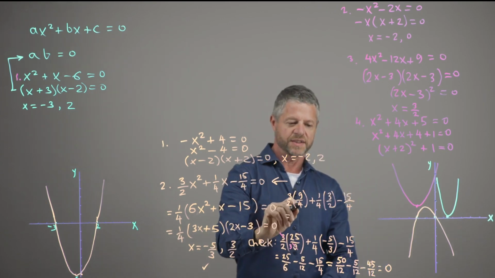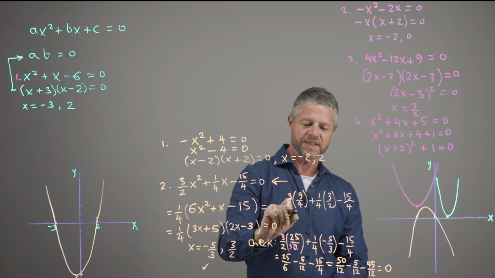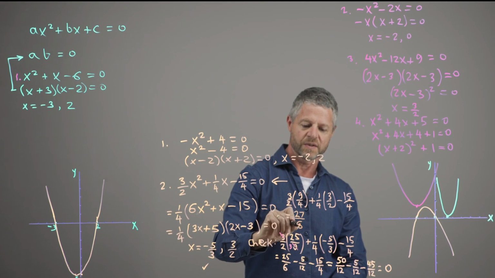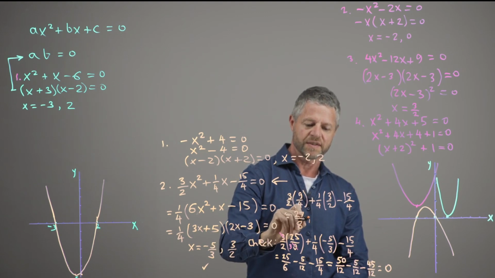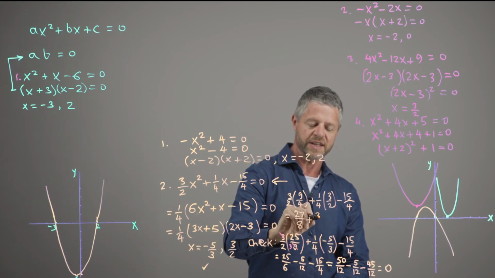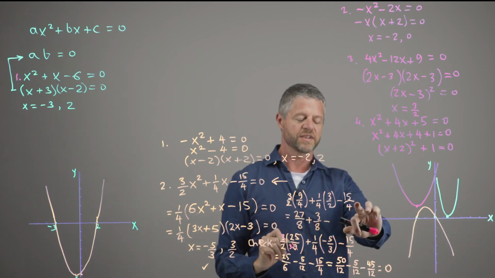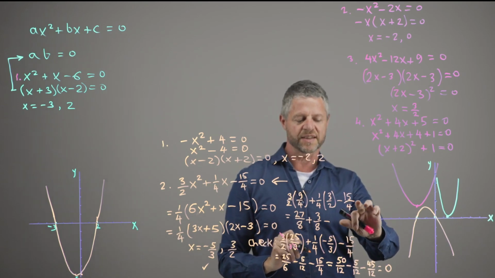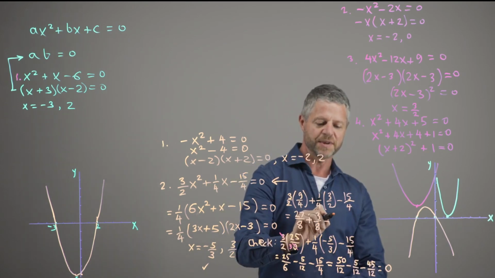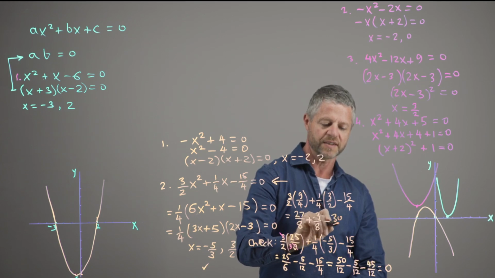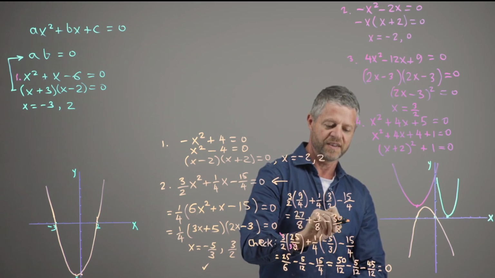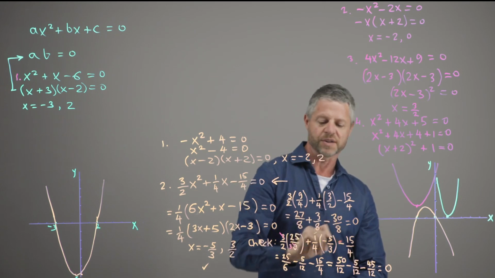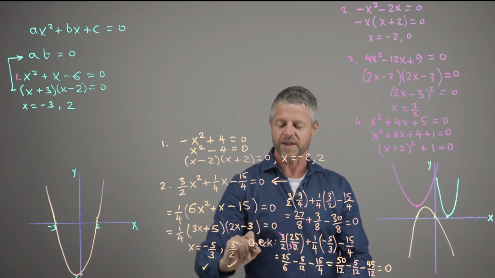So that's going to be 27 over 8 plus 3 over 8 minus 15 over 4. If I want to express that as a fraction over 8, it will be minus 30 over 8. So that equals 0. So that one checks out as well.